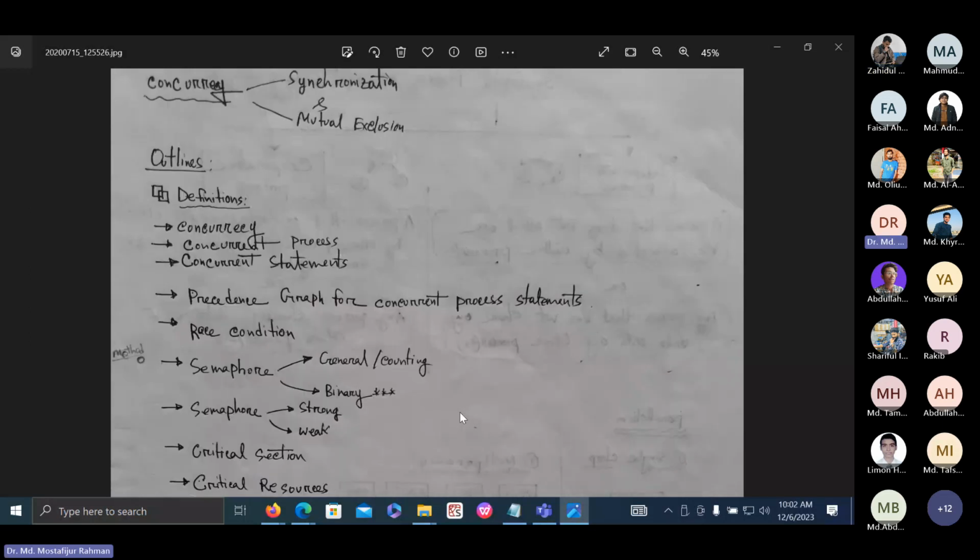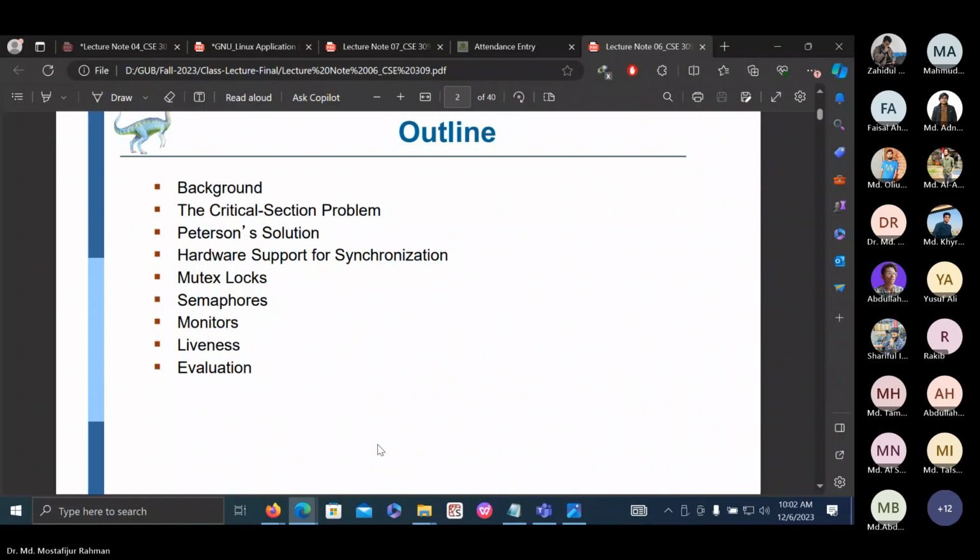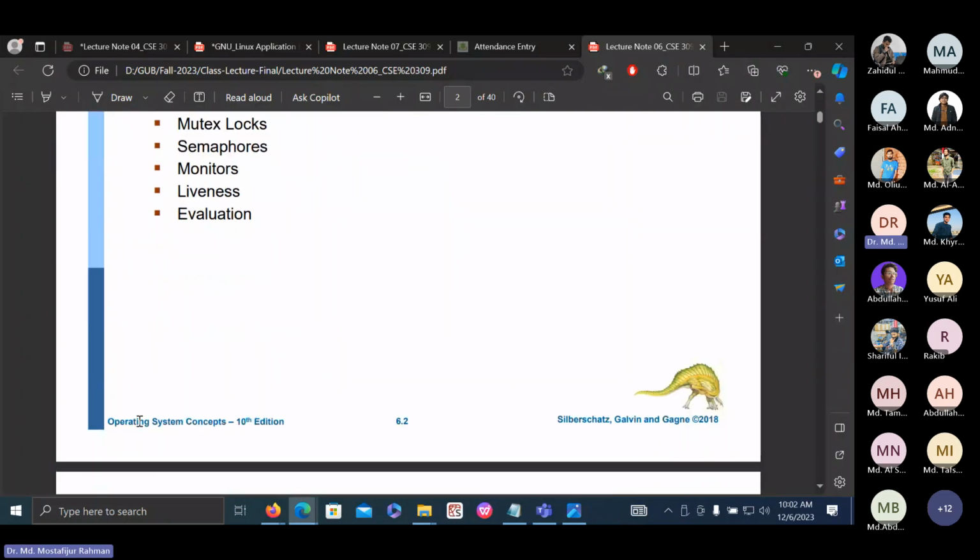So here you can see this is synchronization and mutual exclusion. Actually, this note I made based on the books written by Stallings. But the slide is made based on the Silberschatz, Galvin and Gagne book.